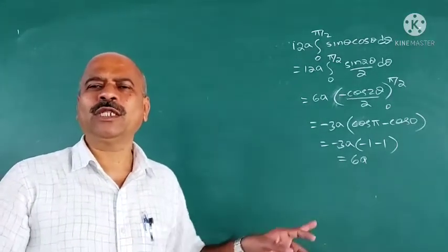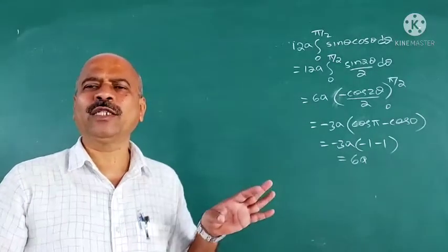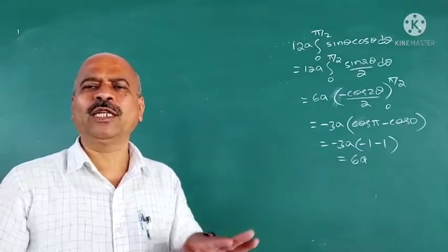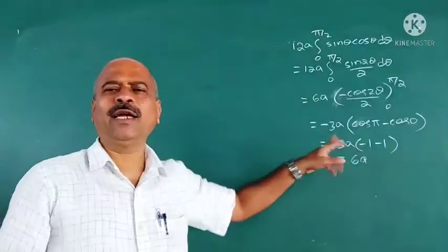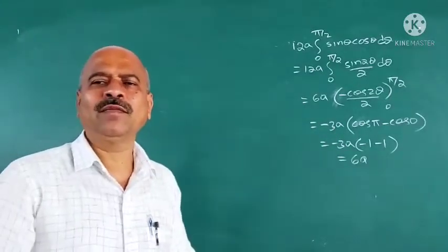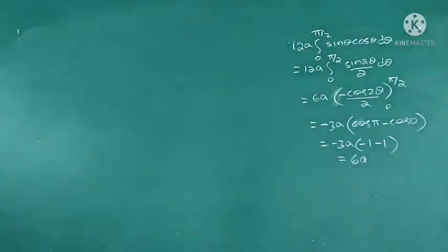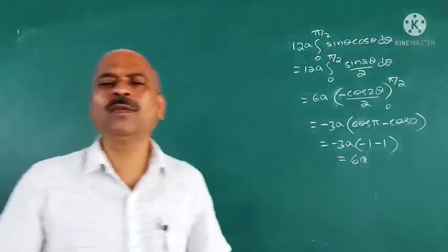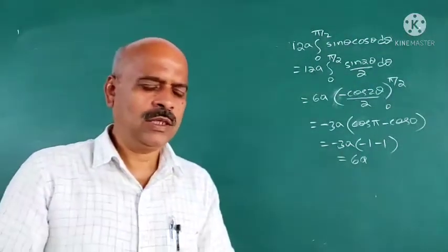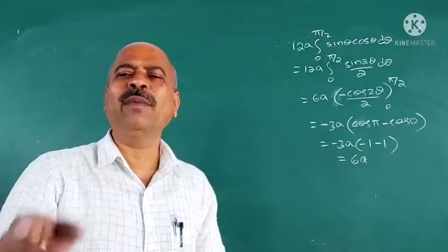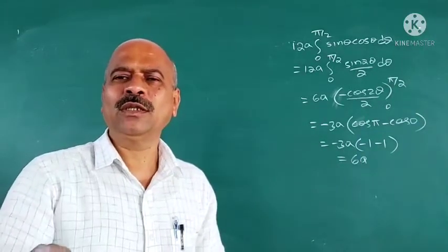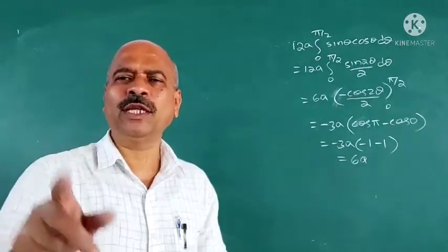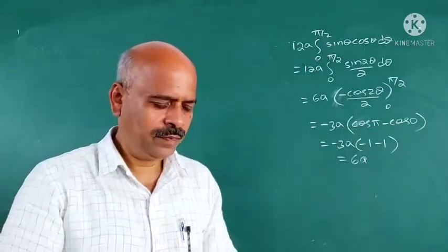What is the length of the asteroid x raised to 2 by 3 plus y raised to 2 by 3 is a raised to 2 by 3? What is the length? 6a. If you know or derive this, then only you can write 6a. Otherwise, if choices are given, is it possible to remember all the results? You try this, but you can remember when you know the solution. When you know the derivation, the problem, the solution, then only you can remember the answer.